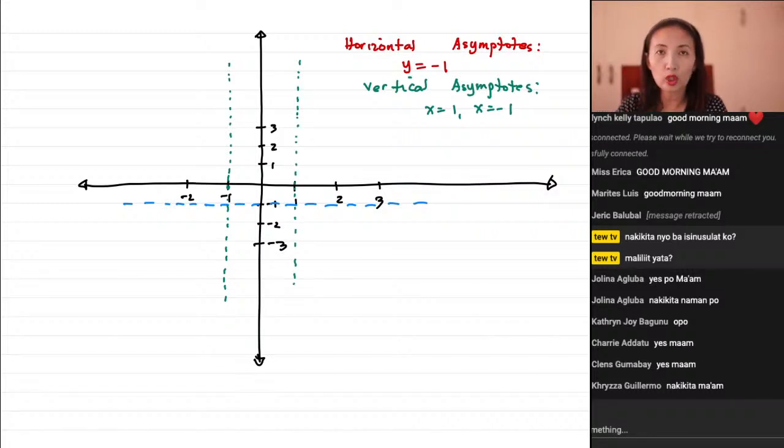Okay, what else do we know about the function? From step number 1, we found out that the function passes through the point 0, 0. So, it will pass through this 0, 0. Going back, step number 1.